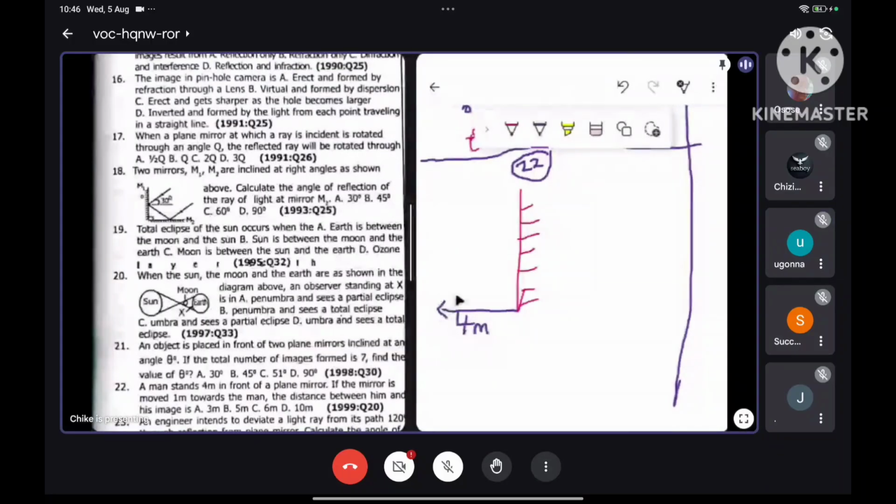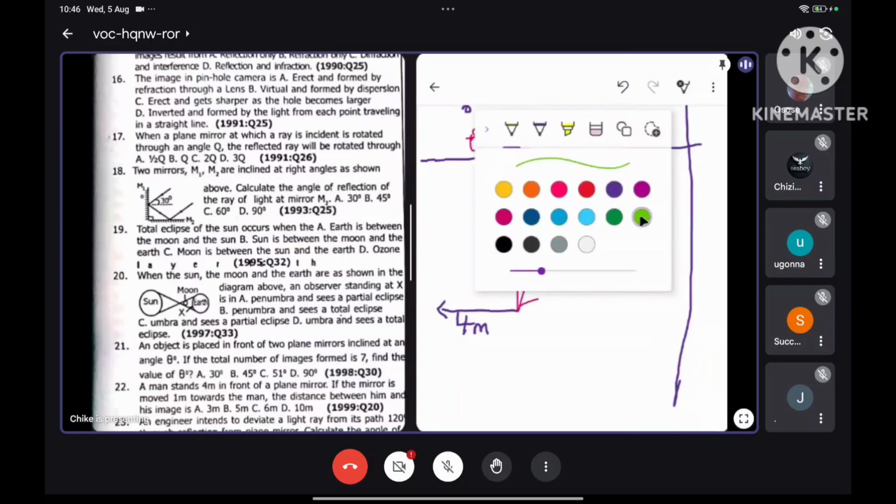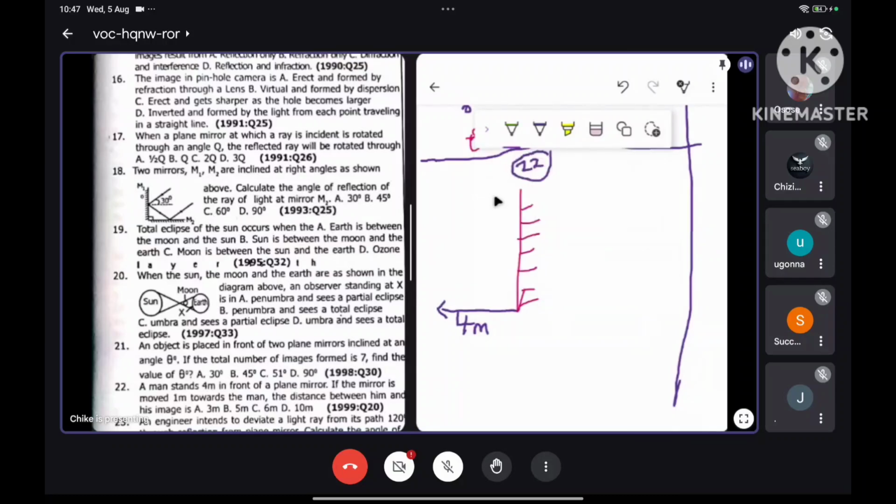All right, good. So now the man is 4 meters in front of the mirror. Now the question told us that if the mirror is moved 1 meter towards the man, that means this mirror was moved forward by 1 meter. So let's say this is the new position of the mirror. Let me use the green marker.